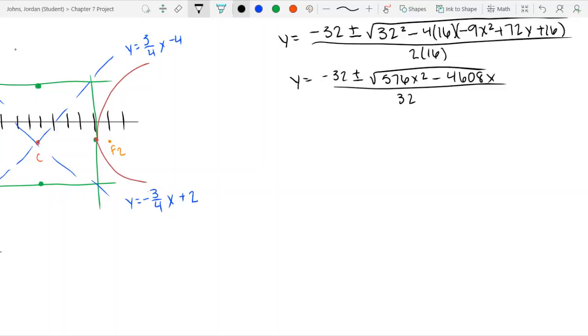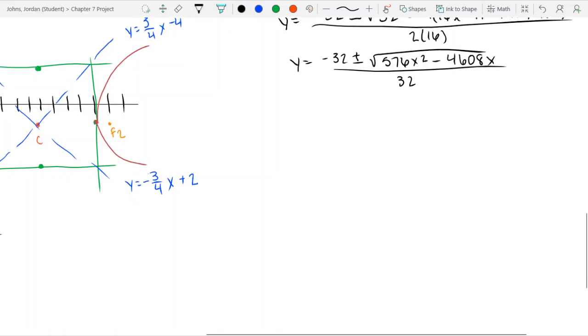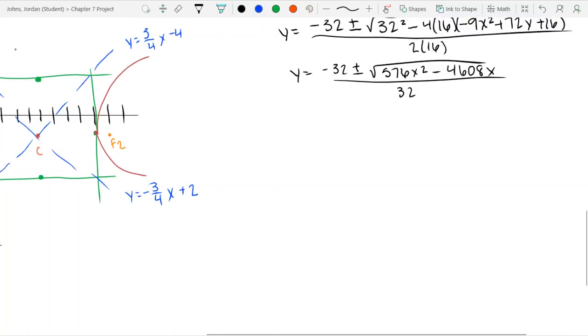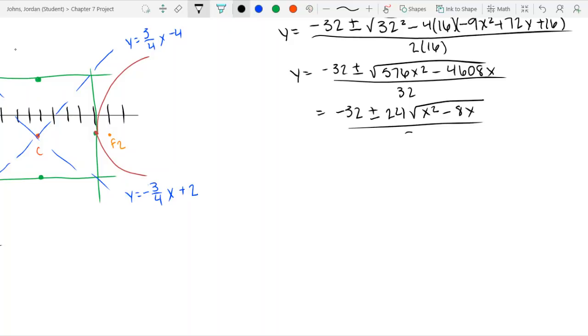We factor 576 from under the radical, which equals negative 32 plus or minus 24 times the square root of x squared minus 8x, over 32.